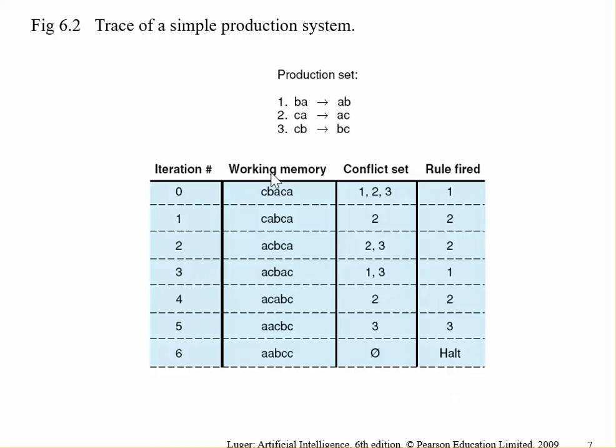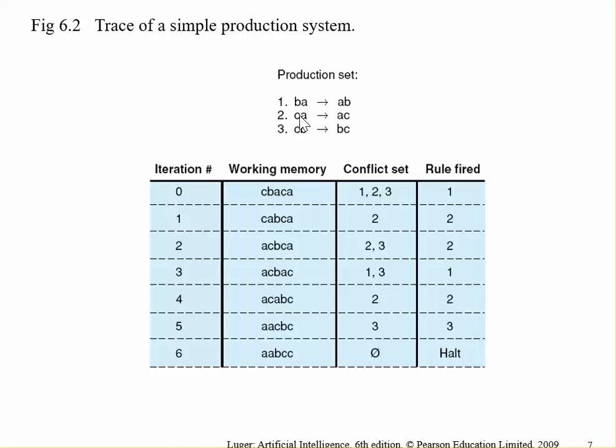Initially, in working memory, this is what we have. Let's see it as a kind of string that has a meaning: CBACA. Now we check if there is a match with the conditions on the left-hand side. We need a procedure for this, so one way is to go through the rules in the order stored in the system: 1, 2, and 3.